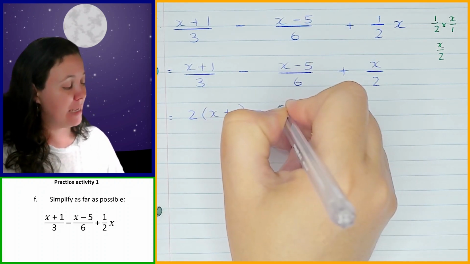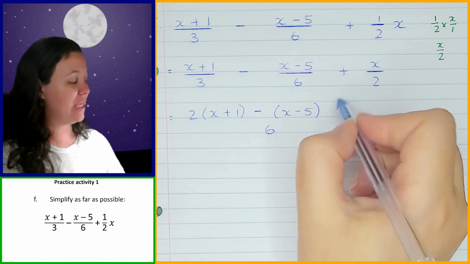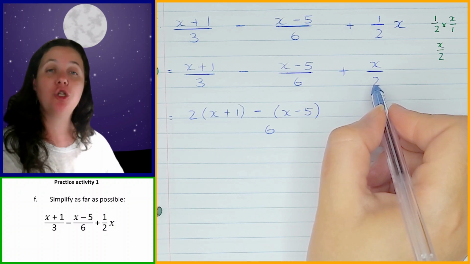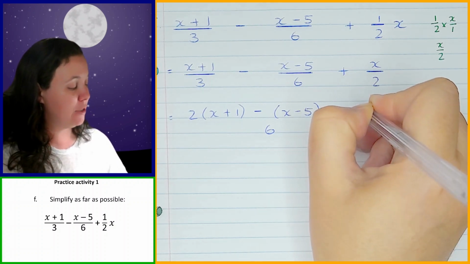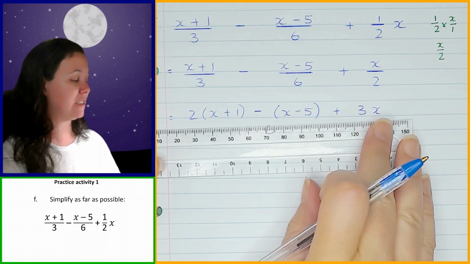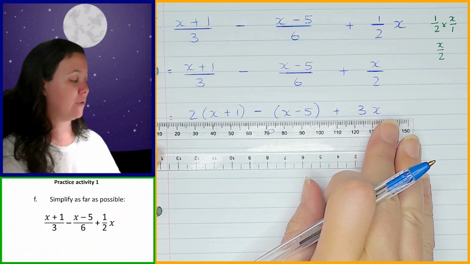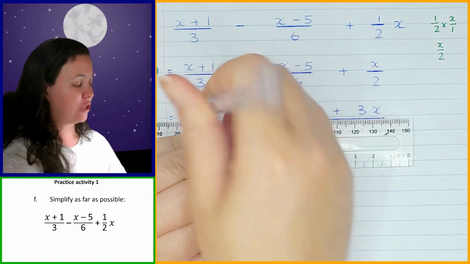Okay, so I've got x minus 5 in brackets. Okay, and then over here I need to multiply the 2 by 3 to get 6, so I'm going to multiply the top by 3 as well, and that gives me 3x. You can put the x in brackets there if you want to, but it's not essential because there's only one term. Okay, so now that is all one fraction.